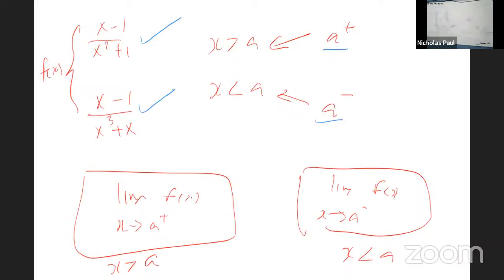We're going to do a couple of examples of these, and then we're going to simplify limits. Okay? Right? Copy that down now. I know we talked about it, but I didn't do an example. We're going to do an example now.